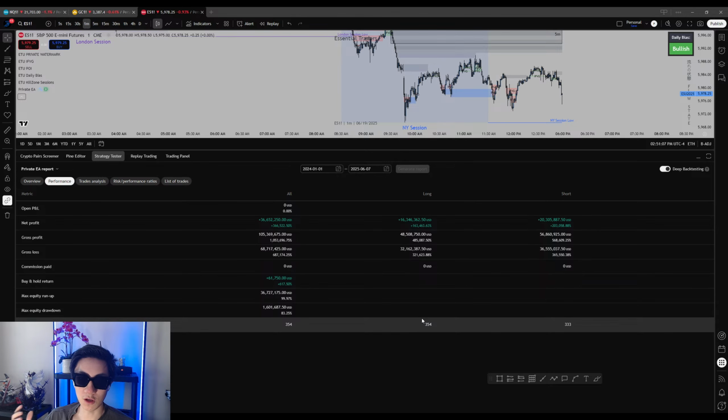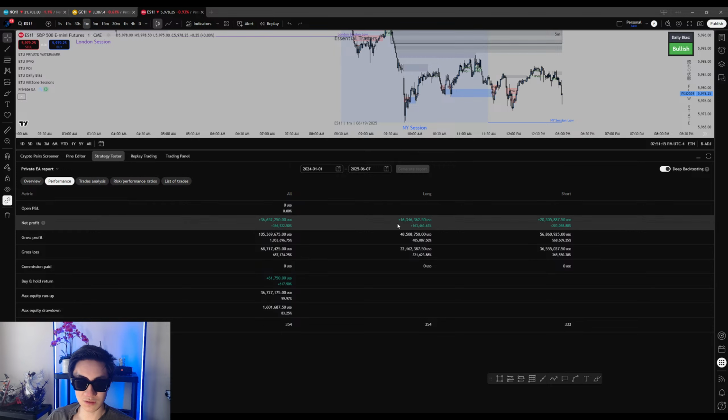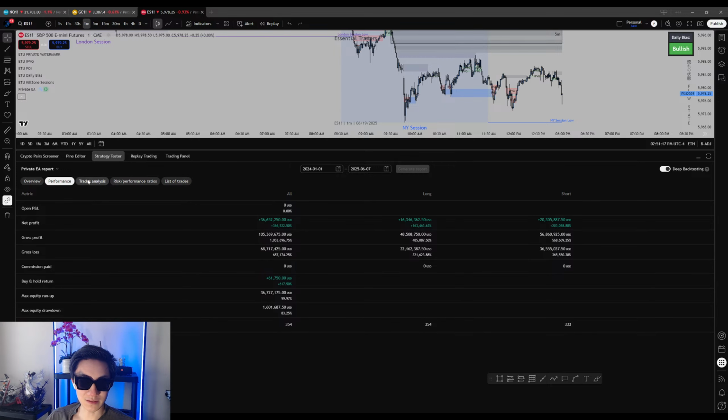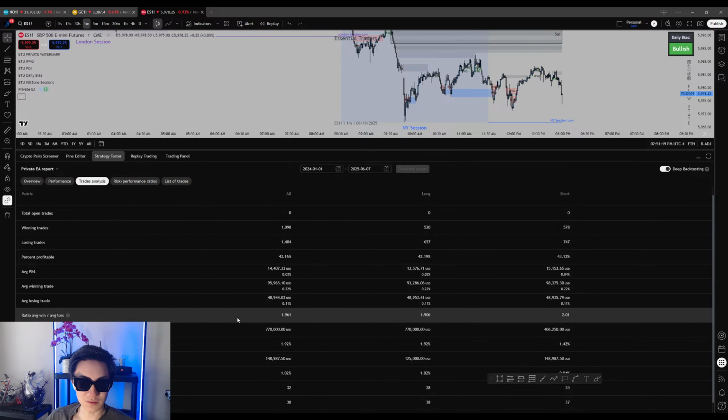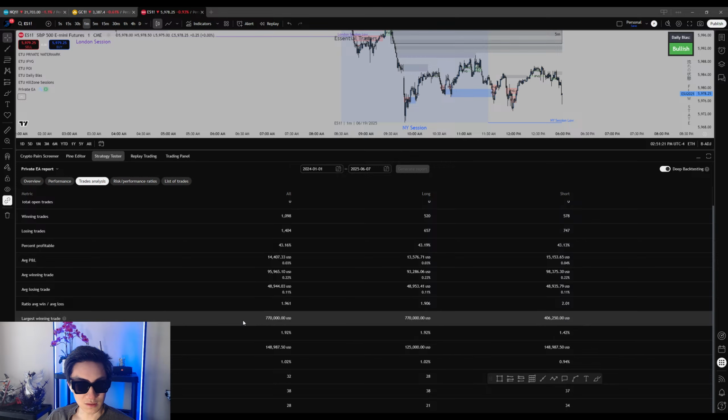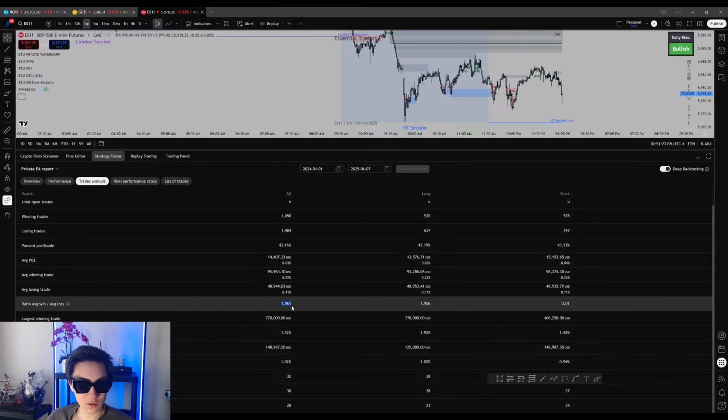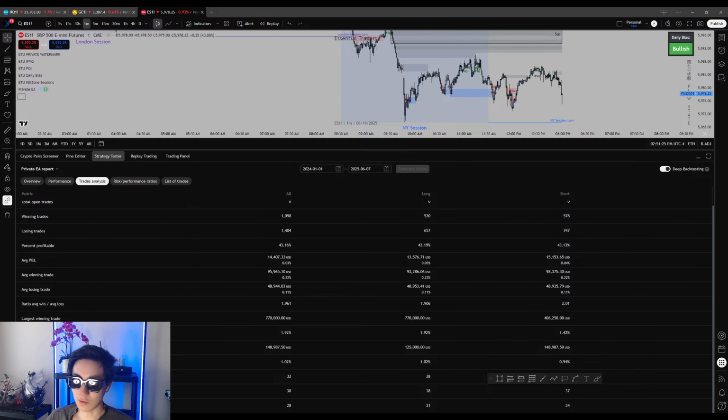It's going to take both long and short setups based on the entire strategy I teach in my course. So it takes almost an equal 50-50 split of longs and shorts. The net profit is about the same for both sides, which shows it's very stable. Here is the average win to loss, 1.961. So let's put this into my EV calculator.